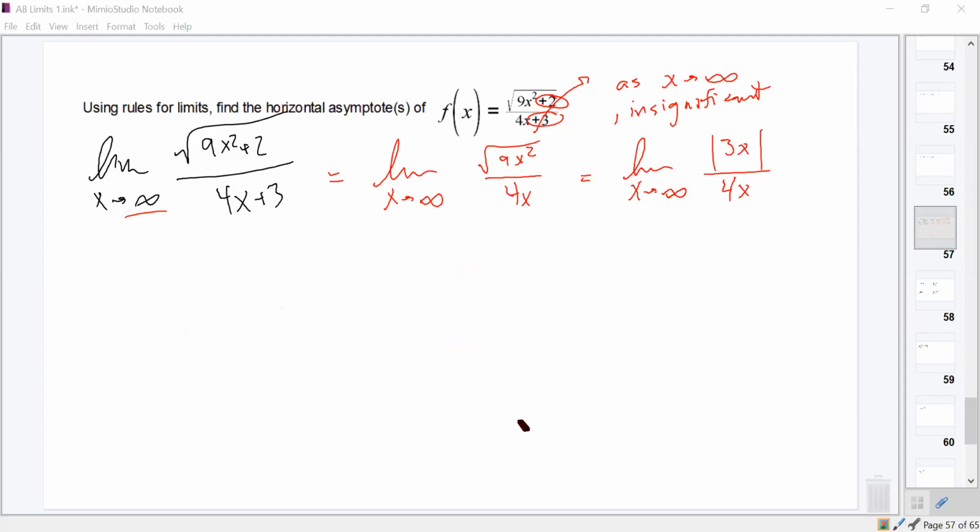So now, what is the sign of 3x? If x is approaching infinity, 3x is positive, isn't it? True? And when you take the absolute value of something that's positive, it just comes out to be what it already was.